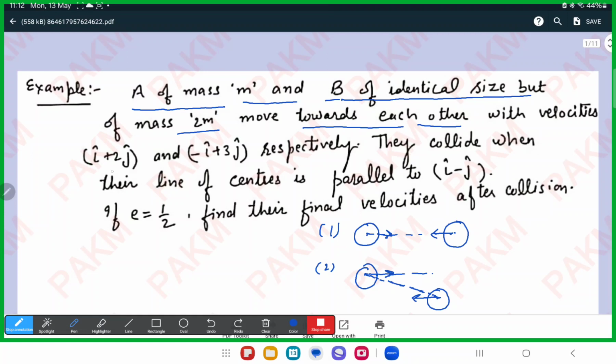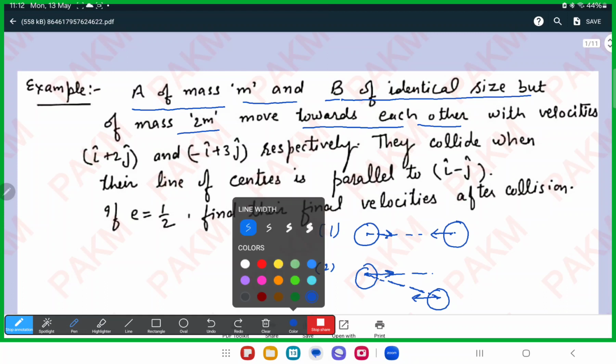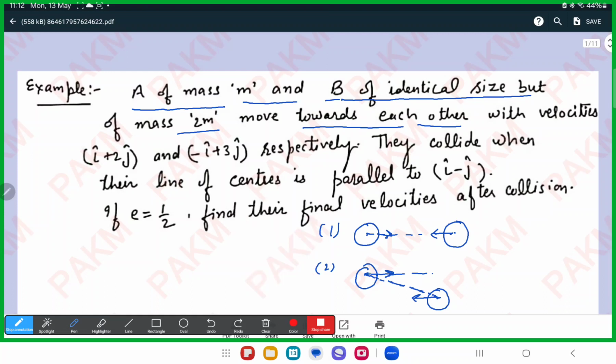And they have given the velocity i plus 2j and i minus 3j respectively. So they have given the velocity in vector form. So why is this problem very specific? Because this is given in vector form.